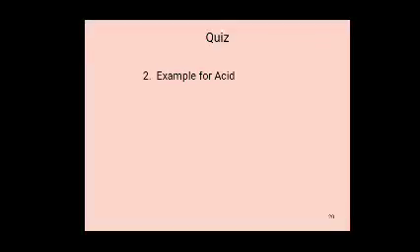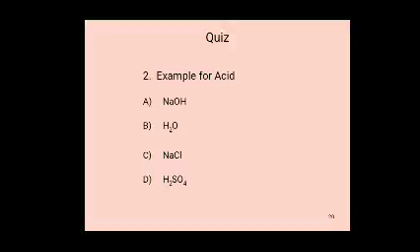Example for acids. Options: A, NaOH; B, H2O; C, NaCl; D, H2SO4. What is an acid? A compound which dissociates to produce H+ ions is called an acid. NaOH ionizes into Na+ and OH- ions, so it does not produce H+ ions.